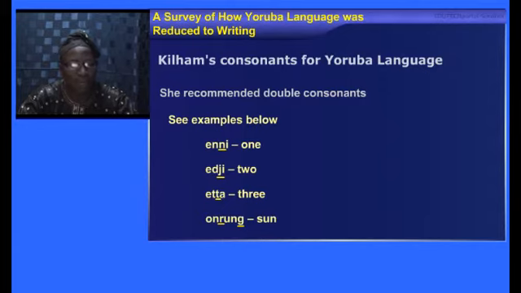That is double consonant. And son, she wrote orang, that is o, ni, ri, u, ni, ji, which could be spelled orang or pronounced orang. You can see that in the writing of some of these words, she has written consonants together in some aspects, which is very wrong in Yoruba language.